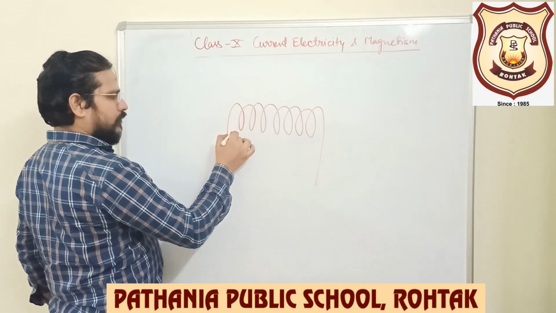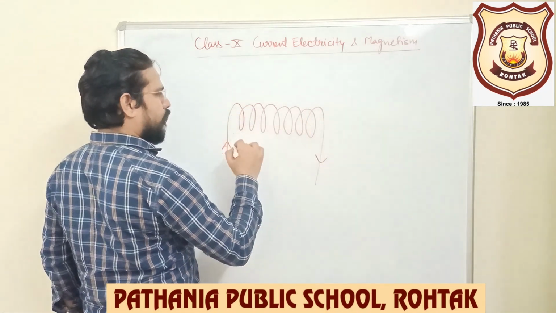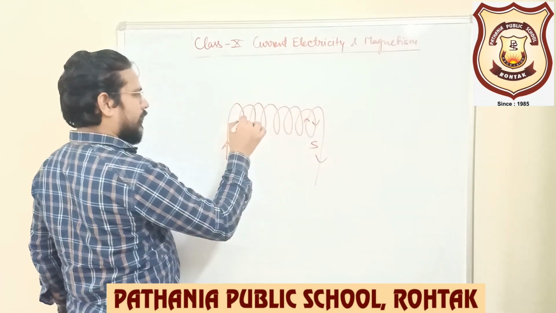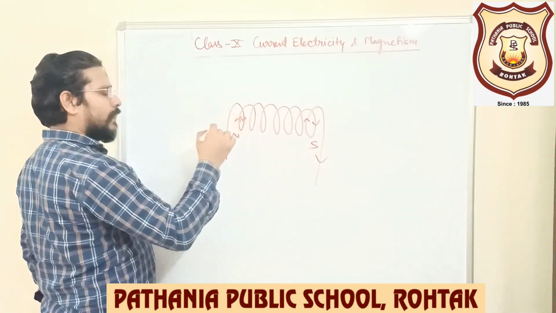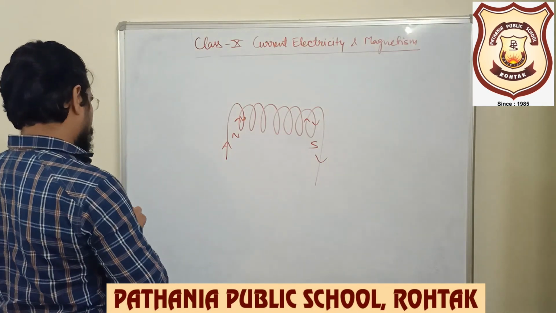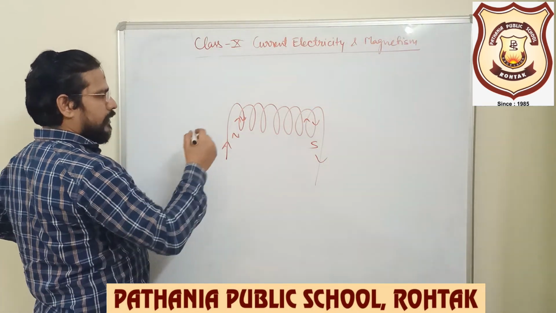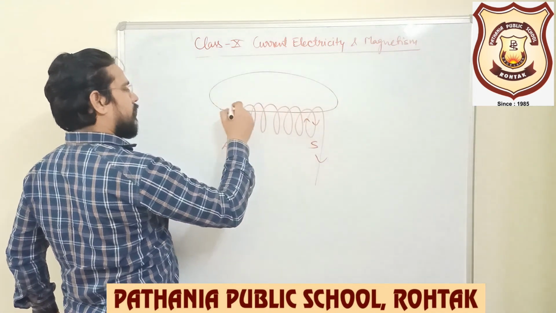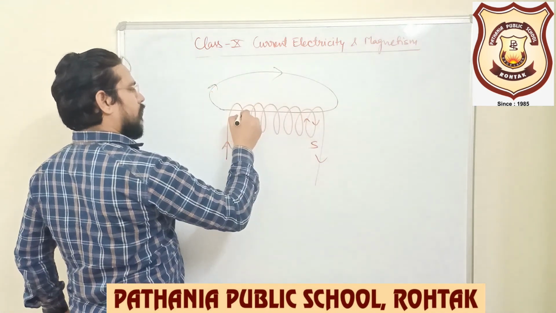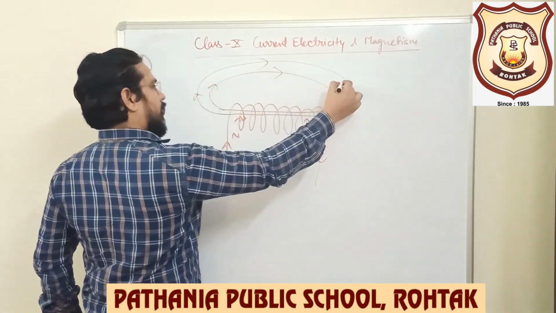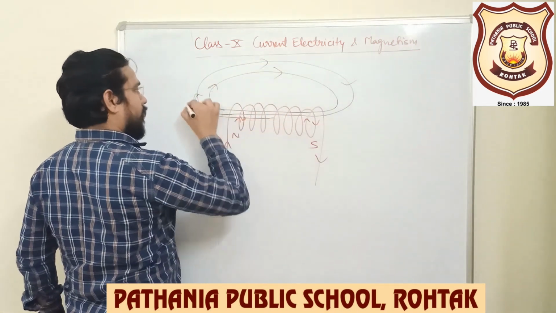Suppose the current is flowing in from this and coming out from this, so this is your south pole, this is north, as clockwise and anti-clockwise you can see. So the magnetic field pattern of a solenoid is exactly similar to the magnetic field pattern of a bar magnet.